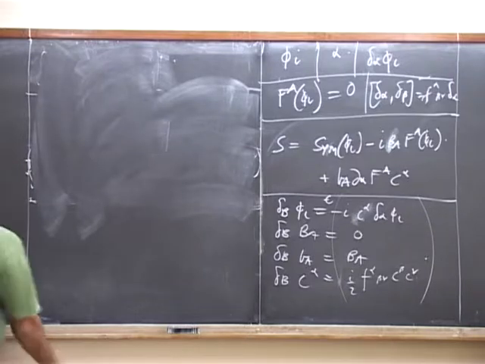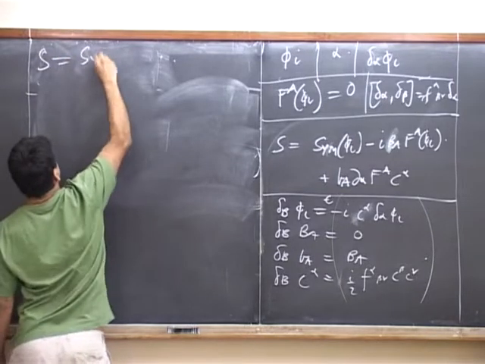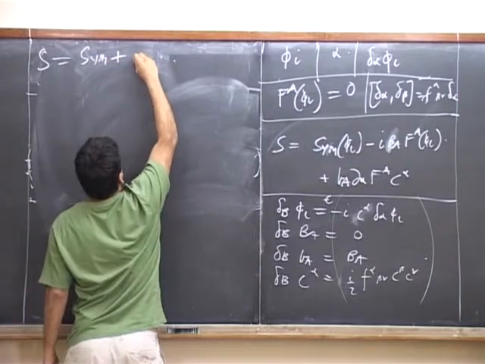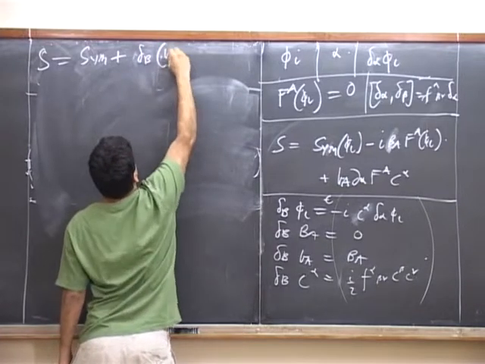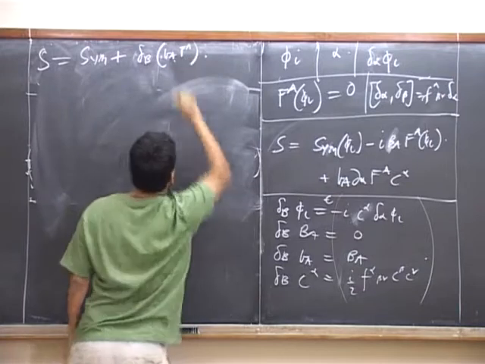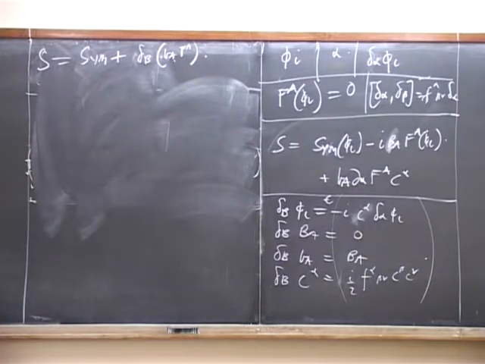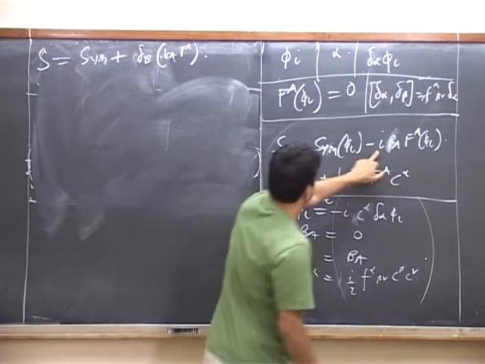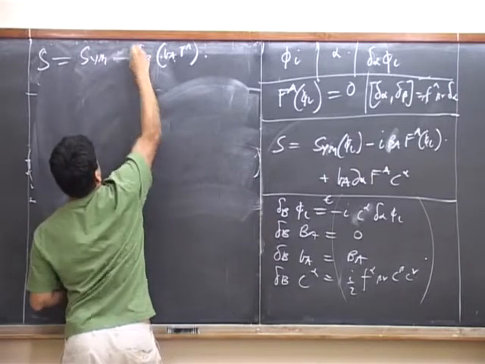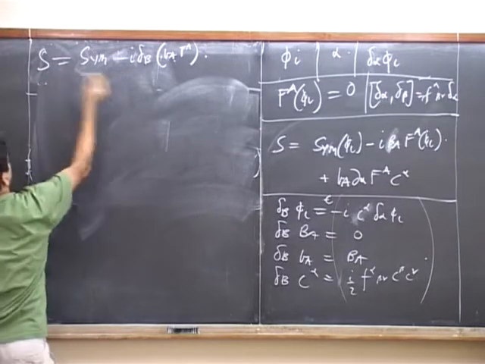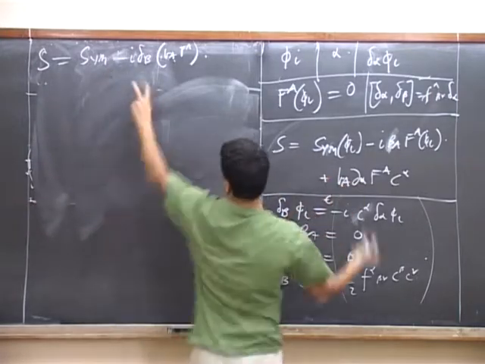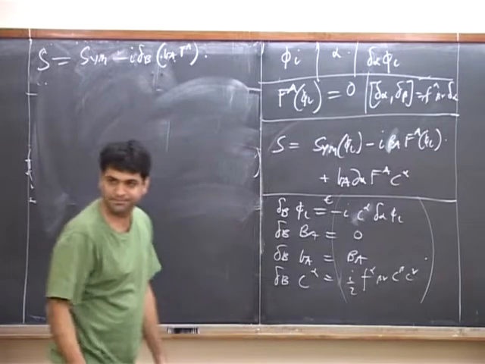I claim that we can rewrite S as equal to S angles plus some I which we'll get straight in a moment, delta B of B A F A. Comparing with this sign here, I'll put a minus there. Okay, let's check. So S angles is S angles, so this part is this part.